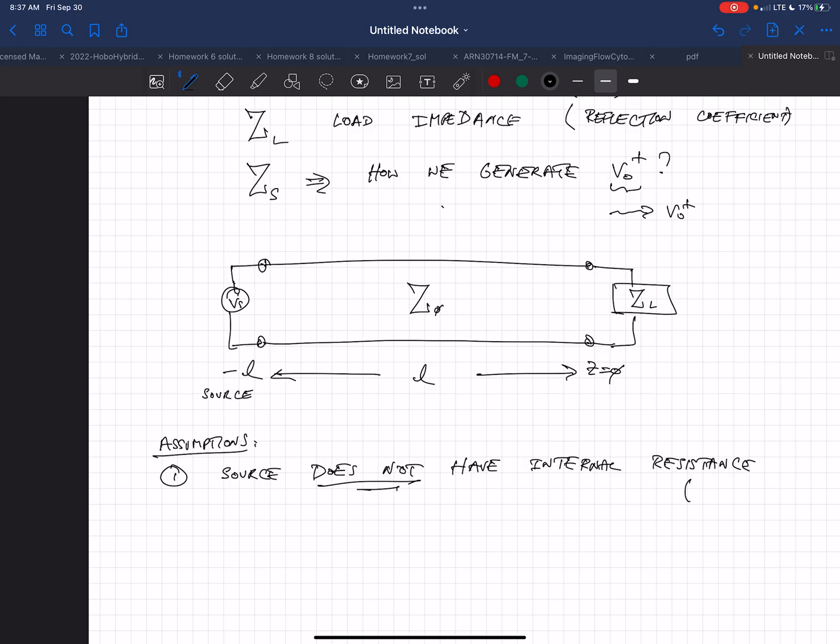This means that Z sub S is equal to 0. If I draw where Z sub S would be, it would be here.